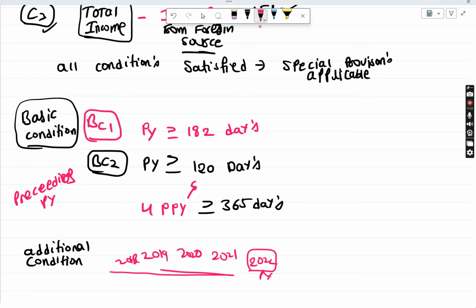So what is basic condition 2 here? He should stay in India in the previous year 120 days, or in the last 4 preceding previous years 365 days or more than that. Then basic condition 2 is satisfied.